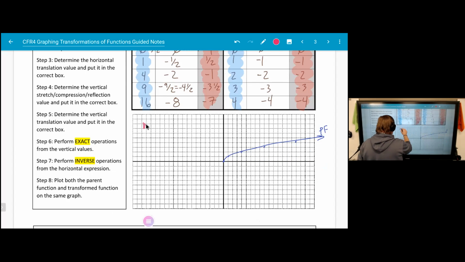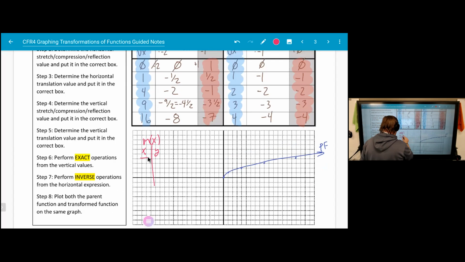Our m of x is, in this case, our x values were 1, 1/2, -1, -3 and 1/2, and -7. And our y values to go along with that are 0, -1, -2, -3, and -4. So let's plot these things.